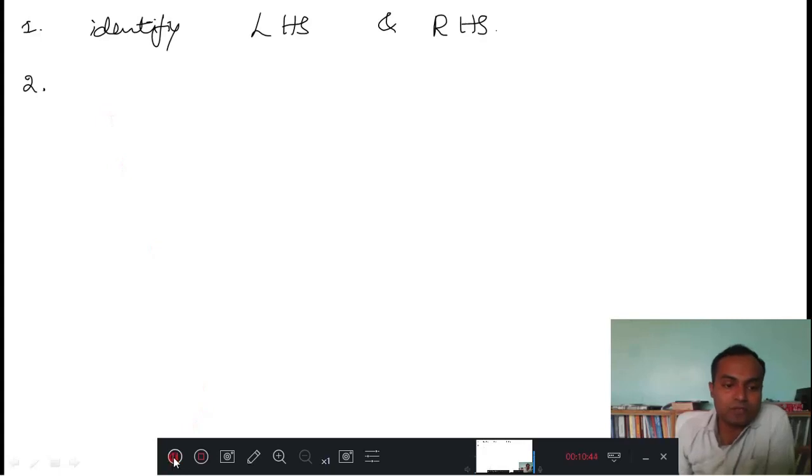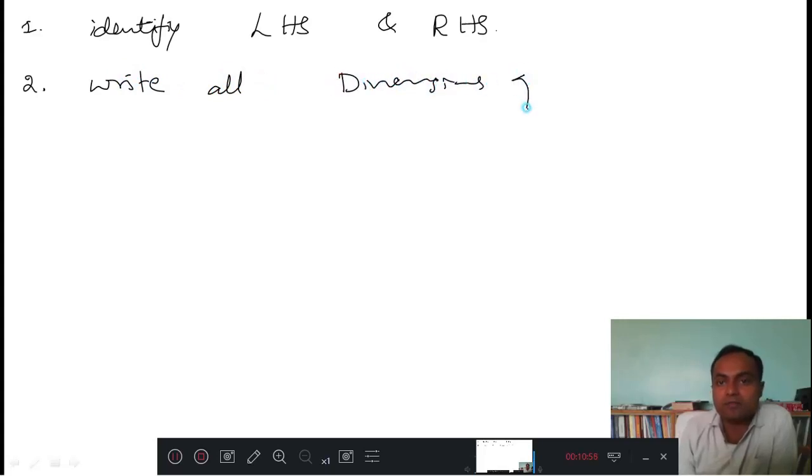You already know the fundamental parameters, so first write the LHS parameters and RHS parameters, all dimensions of LHS and RHS.